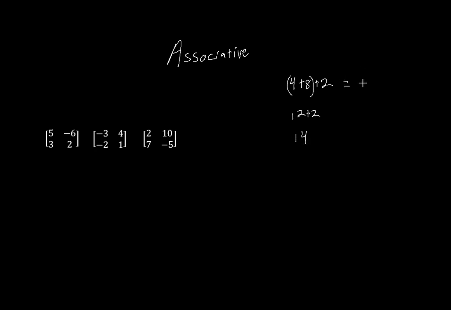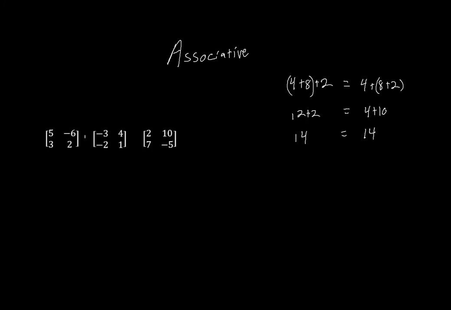But the associative property says you are more than welcome to add these two first. Some people might find this way easier, because 8 plus 2 is 10, and you'll end up with 14 again. So this is the associative property of addition. You can group them however you want.